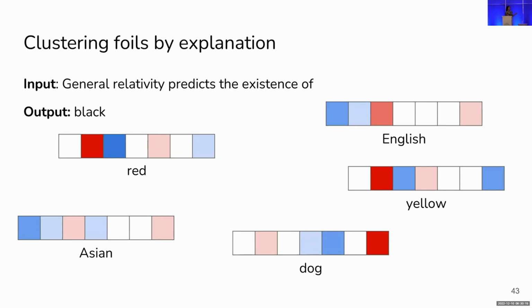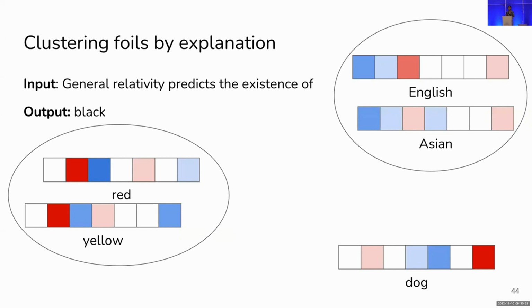To do so, given an input sentence and a target, we first compute the contrastive explanation for each possible FOIL. So we get an explanation for, let's say, black instead of red, and black instead of Asian, etc. Then we performed k-means clustering over these explanation vectors, so that we obtain clusters of FOILs that are similar in associated contrastive explanations.